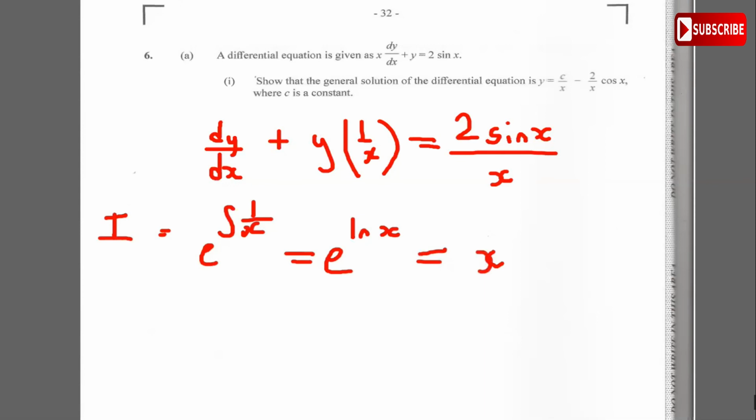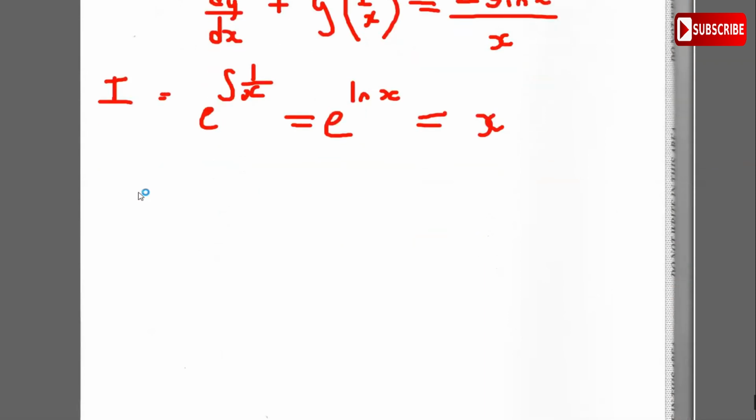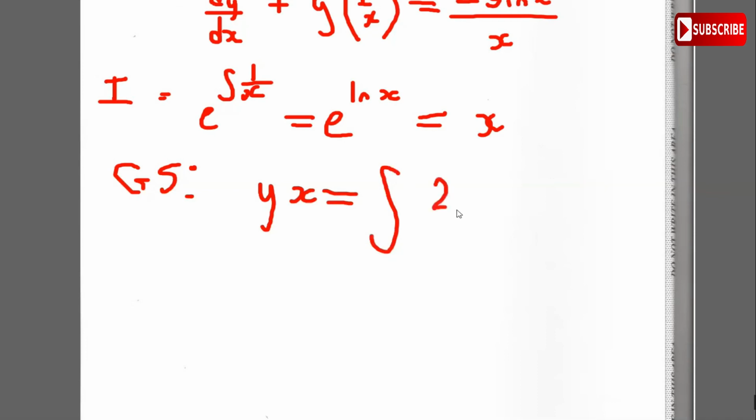Nice. So what do you do next? You find your general solution. Your general solution, let's call it GS, is going to be y times your integrating factor x, equal to your function of x, which is 2 sine x over x, times x, and we're integrating all of this with respect to x.